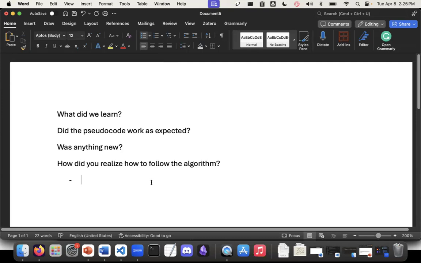Did you learn something about how union find or disjoint sets works? What stood out to you? That's what I'm looking for from each group. I think we have 8-ish groups. So which group wants to go first? What did you learn?